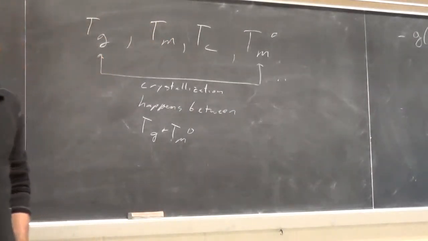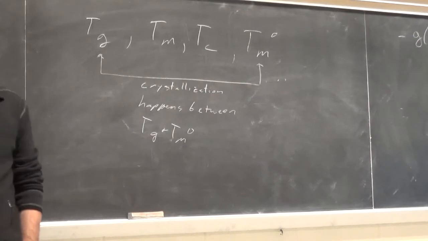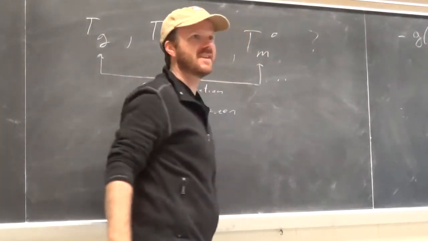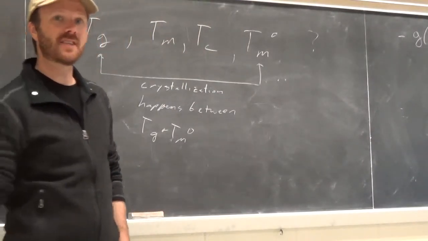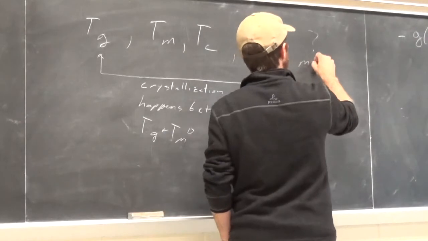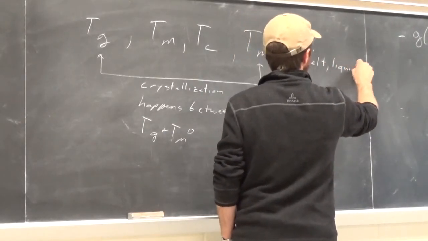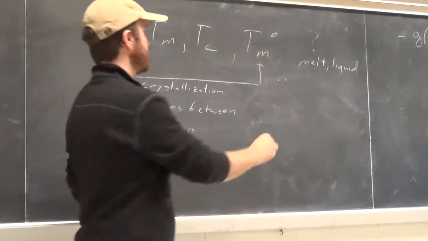Okay, so that's good. What if we warm the polymer up to above TM0? What happens up here? What state is the polymer in? It's in the melt state, right? The melt is also called a liquid. And so there's no order, or it's amorphous.